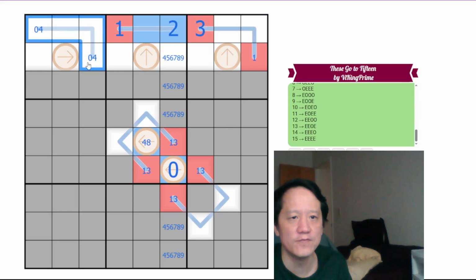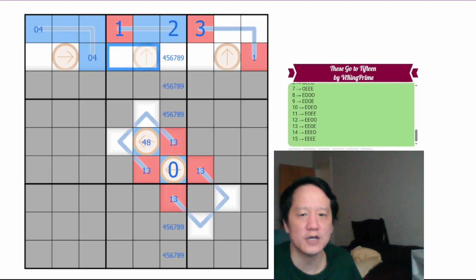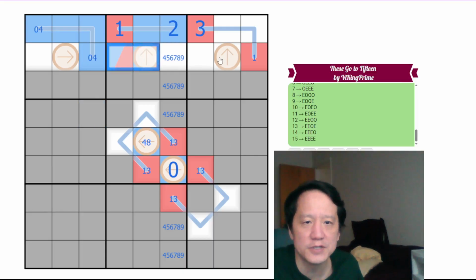These are all even. Since this is all even, we know this is an odd even pair. This is an odd even pair for the same reason. This must be even, blank, blank, even. So this is at least 9.